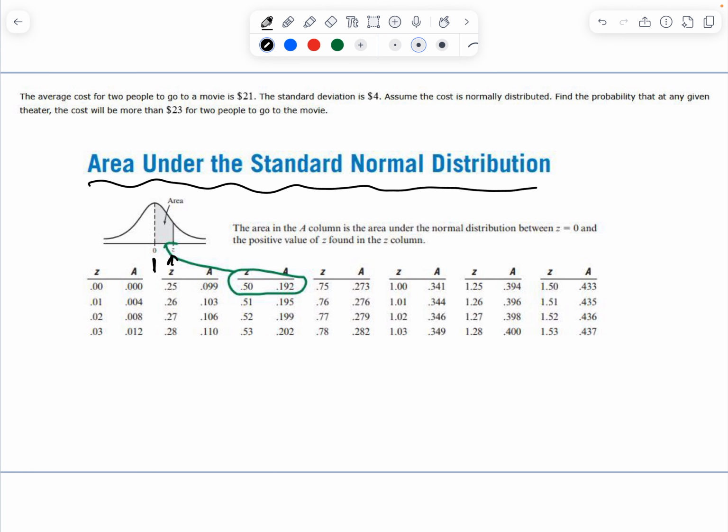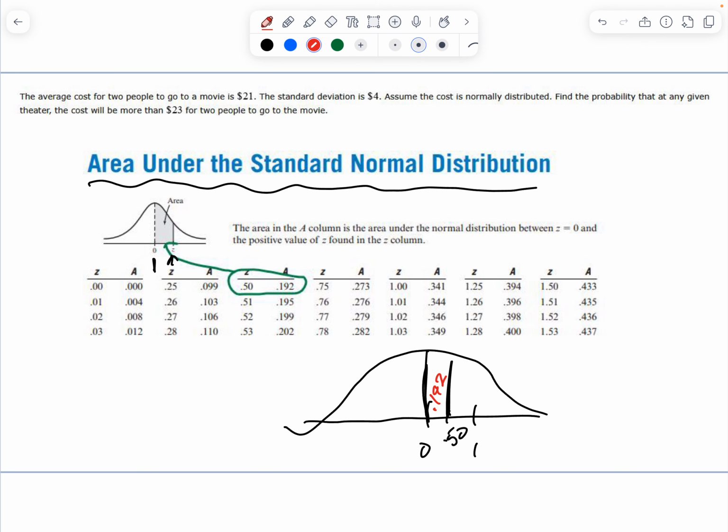So ours is 0.5. Here's our center, here's 1, here's 0.5, so it's going to give us from here to here. So 0.50 is an area of 0.192. Think about that as 19%.